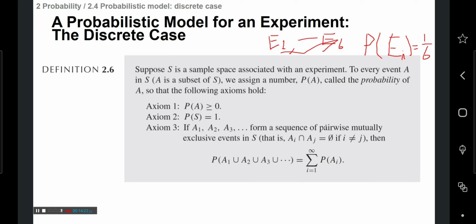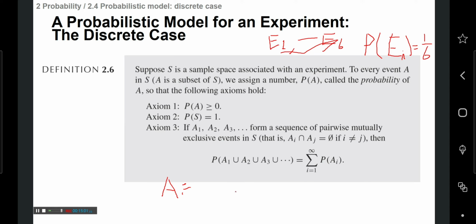If we have pairwise mutually exclusive events, let's say A1 is the odd numbers and A2 is the even numbers, then the probability for odd numbers is 1 over 2, and the probability for even numbers is also 1 over 2.